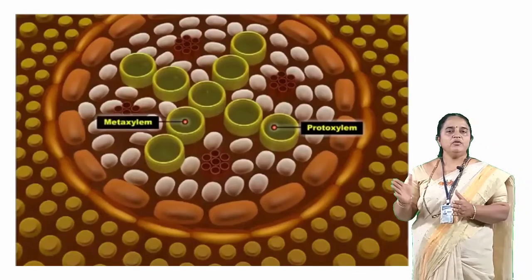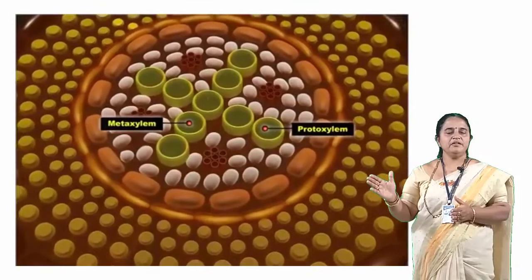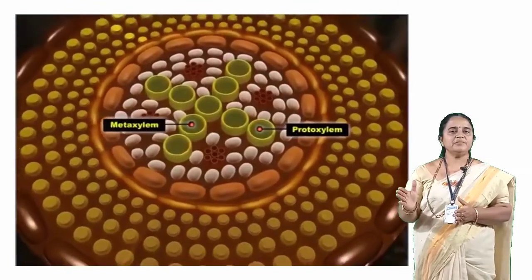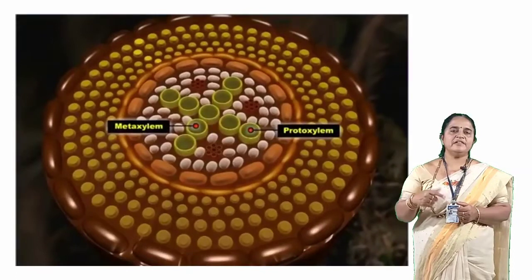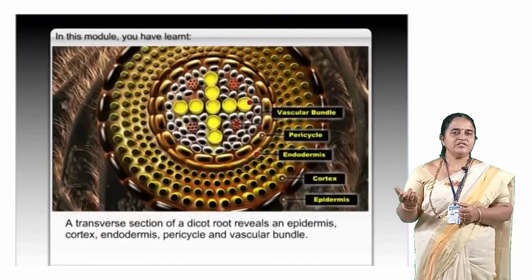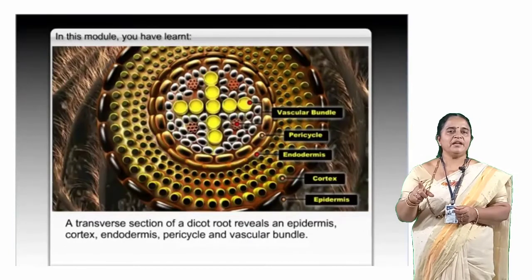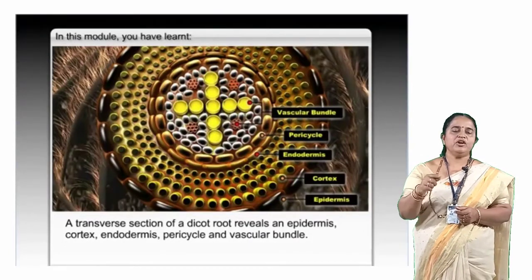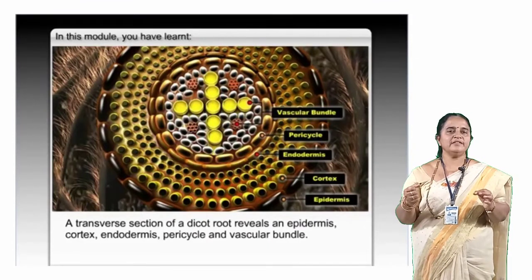So here, when you look at the layers in the root: epiblema with root hairs, multi-layered cortex, endodermis with Casparian band cells and the passage cells. Then comes pericycle, again parenchymatous, and then pith or medulla extended as conjunctive tissue or medullary rays.